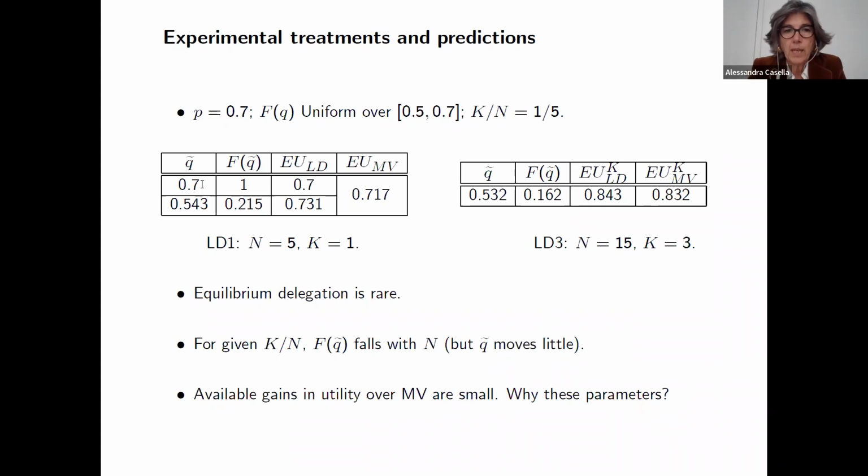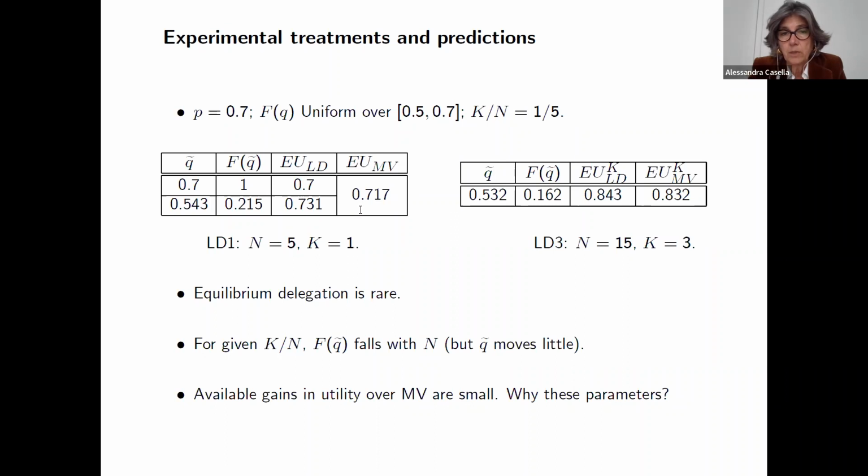There is an equilibrium where everybody delegates, so you delegate with probability 1, and the probability that you reach the correct decision, which is equal to the expected utility, is 0.7, the precision of the expert. Only the expert decides. And there is another equilibrium, the interior equilibrium with Q tilde equals 0.543. The probability that you delegate is 20%, and you do slightly better than majority voting.